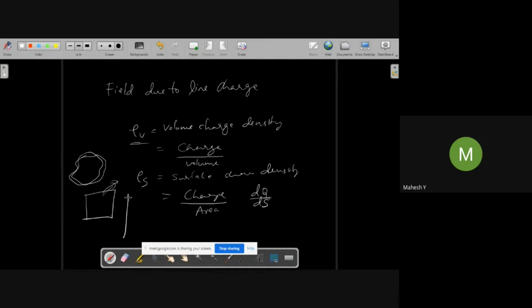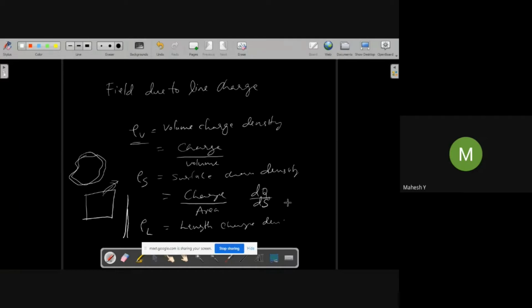Next, for a line, what will it be? Length. Very good. So we call it line charge density, or length charge density, rho L. So what is rho L here?